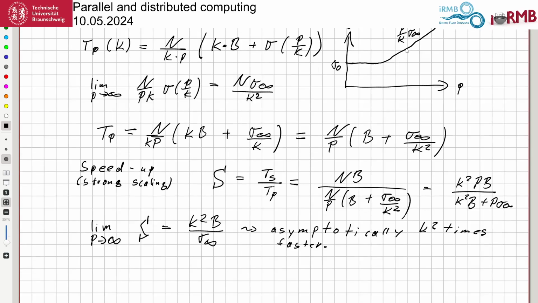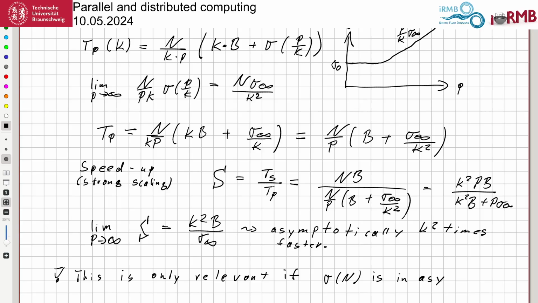This, of course, is only relevant for many problems, probably not, because it's only relevant if sigma n is in the asymptotic limit.